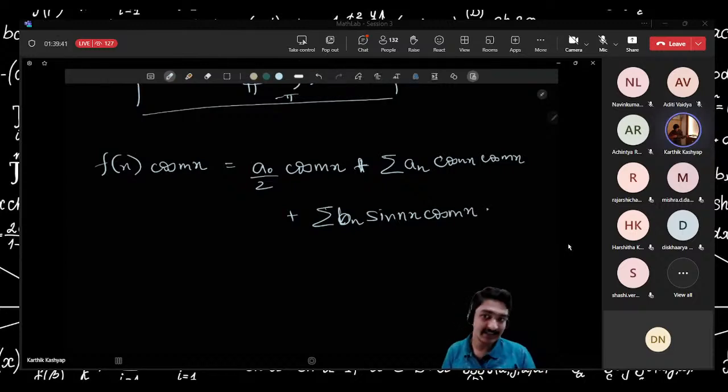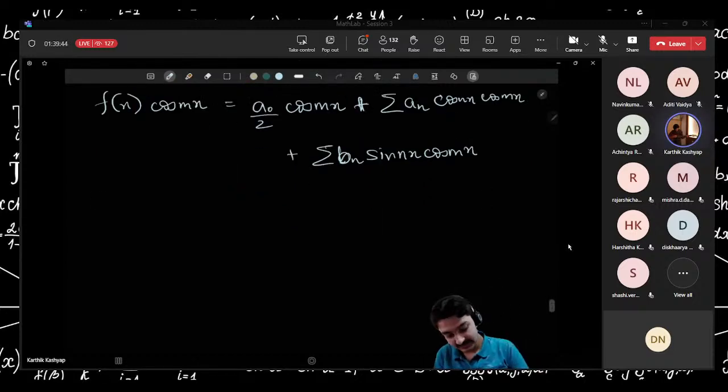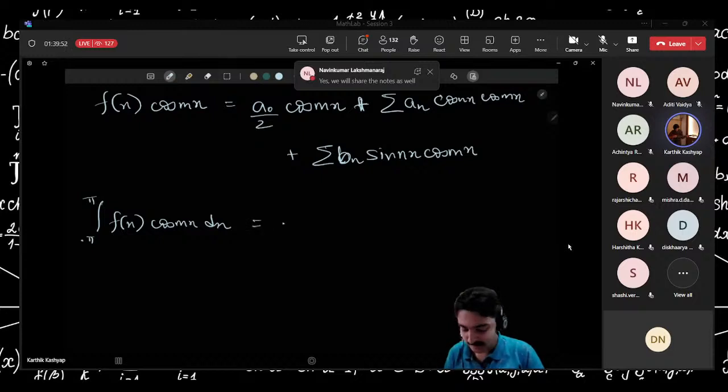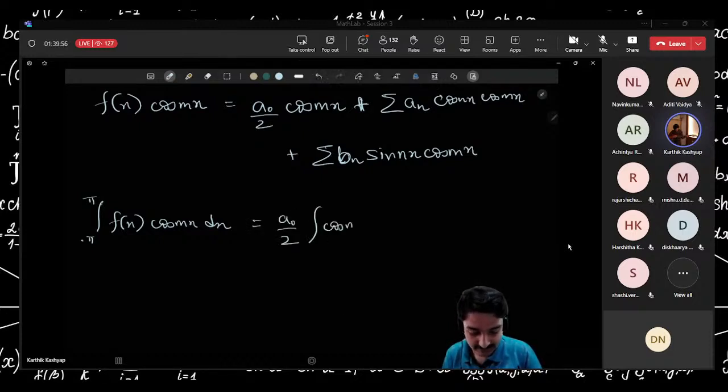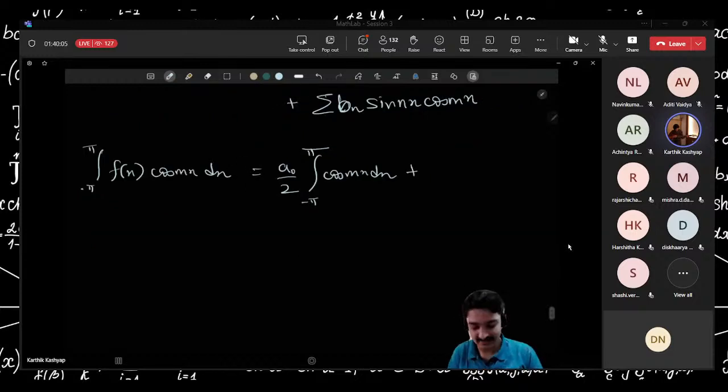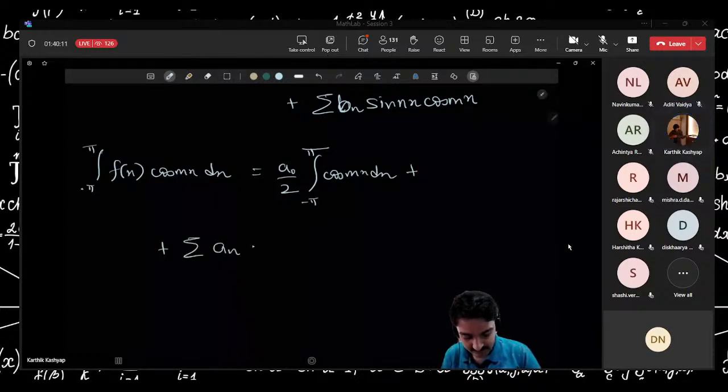So again, let's integrate this from minus pi to pi. So with that, we get integral from minus pi to pi of f of x cos mx dx is equal to a0 by 2, which is constant, so keep that outside. a0 by 2 integral cos mx dx from minus pi to pi. And then again, we can take the integral inside because an is constant.